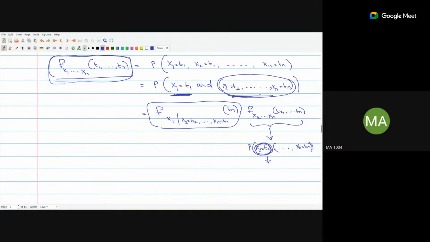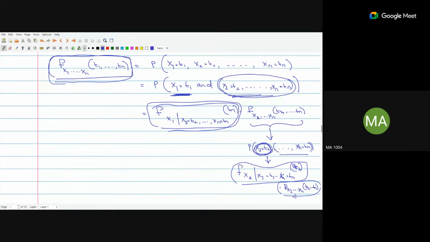X2 is equal to t2, x2 as separate and x3 to xn as separate, and I can write that as fx2 of x3 takes t3 to xn takes tn given t2, times, again you will get fx3 to xn of t3 to tn. So this term will be there, this term will be there, and multiplied by the joint between x3 to xn. So again repeat the same process.